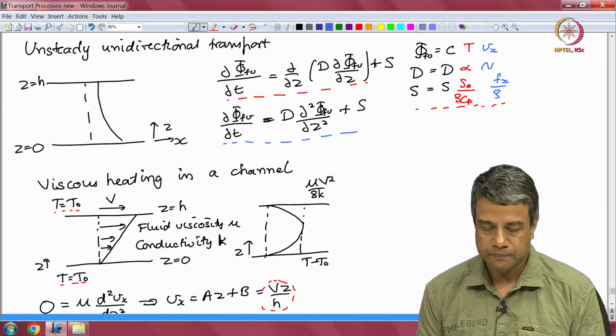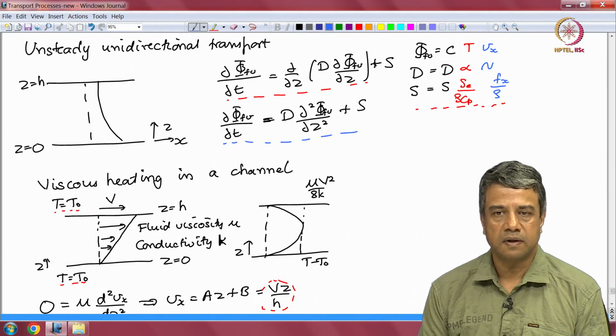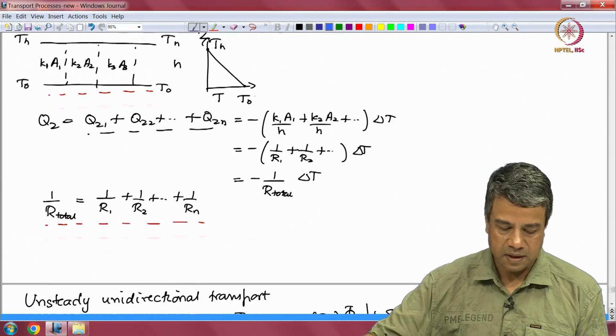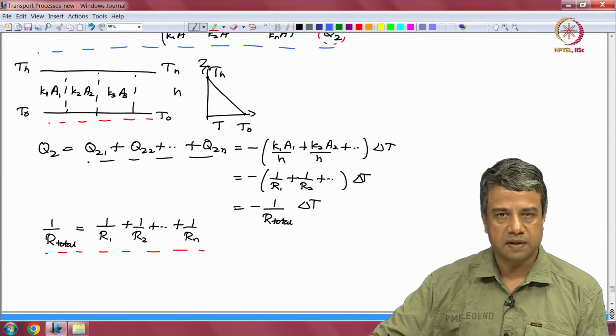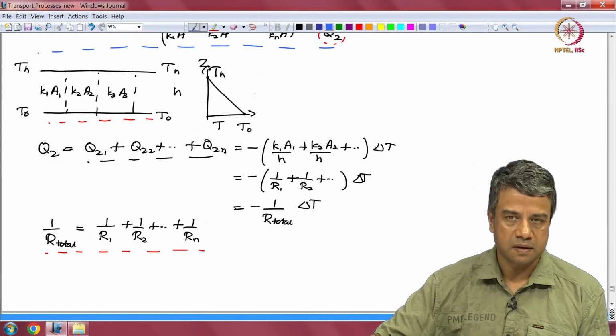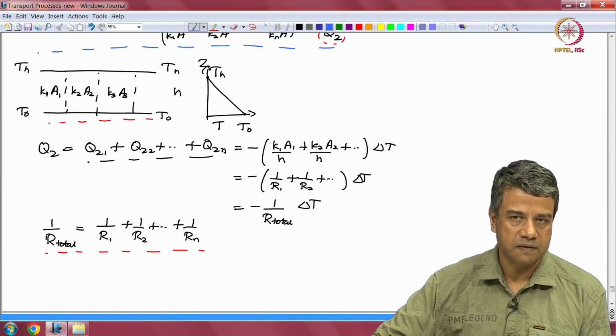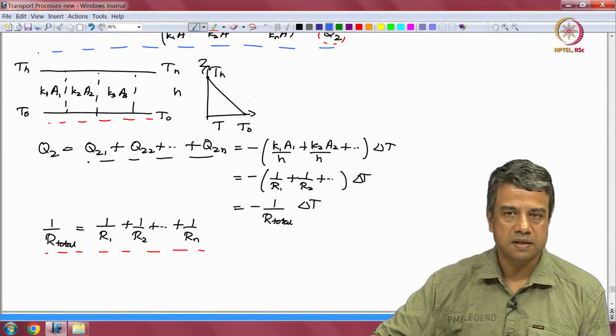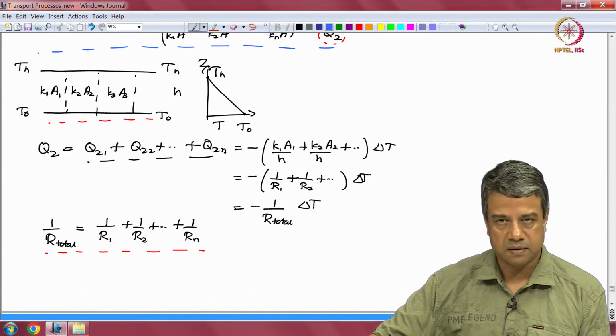And we had first applied it for steady state, no sources or sinks. And there we had got a formulation in terms of the resistance. The field variable, the temperature or the concentration or the velocity fields, at steady state with no sources or sinks, all of them are linear functions of position.